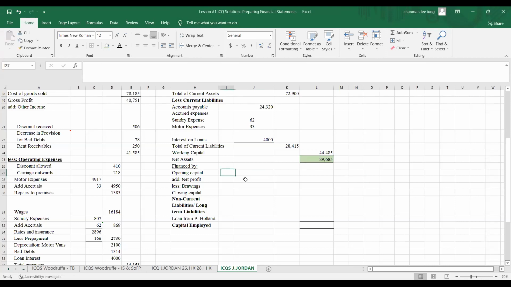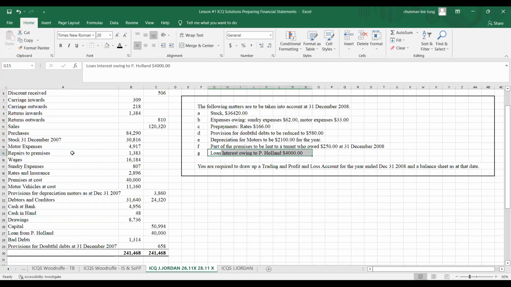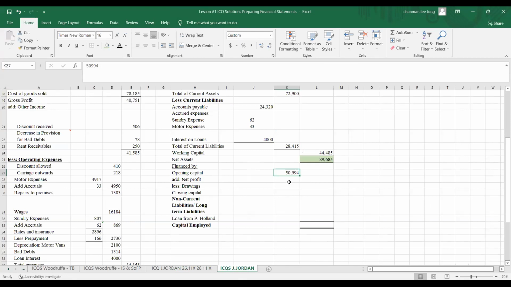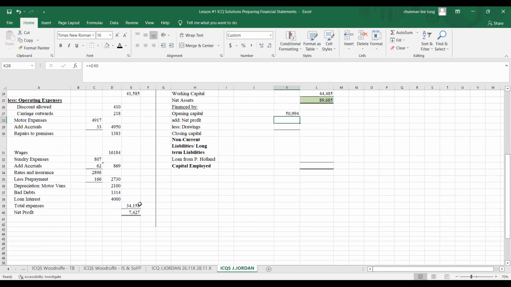So let's continue. Let me see if you all had this. So we're starting off with our opening capital. Opening capital would have been seen over here, 50,994. We just plug it in. Our net profit, I'm pulling it from the question that we would have done before, 7,427.